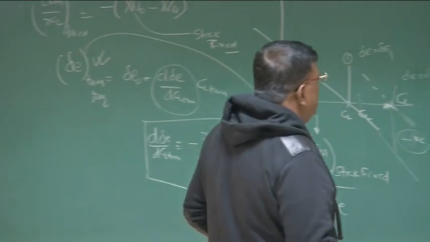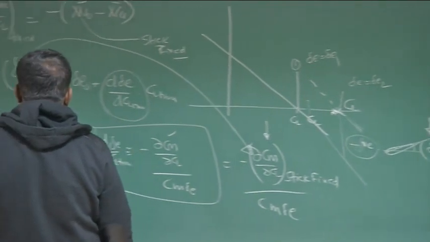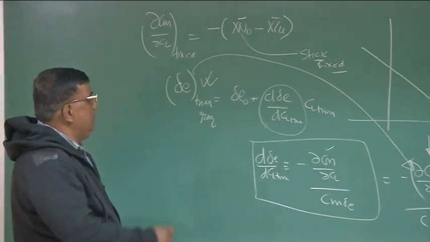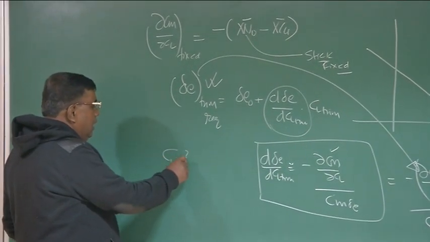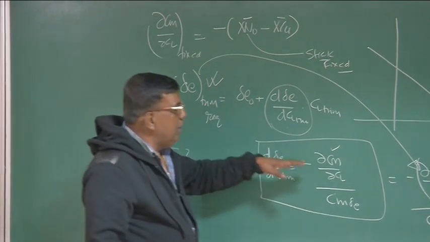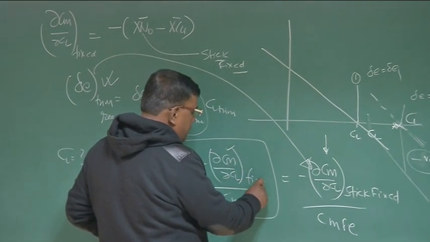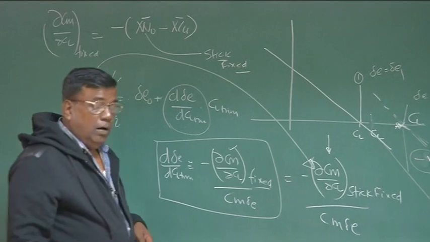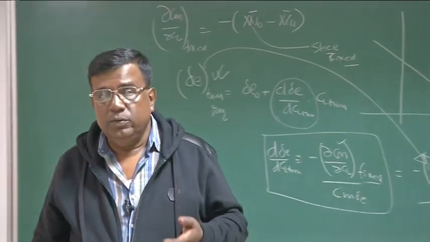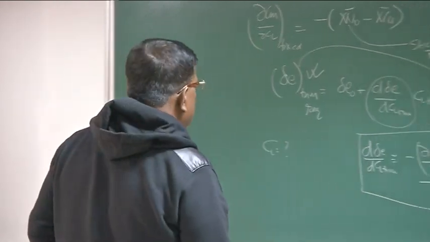So this is very, very important and you should not get mixed up. If you ask yourself, finally, if I want to fly at a particular Cl, how much delta E do I require, you have to only use this, where you are very clear this is nothing but dCm by dCl stick fixed, or controls locked, or elevator is not allowed to float. Clear? This should be very, very clear in your mind. Thank you very much.